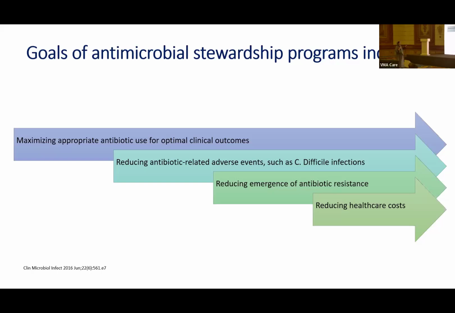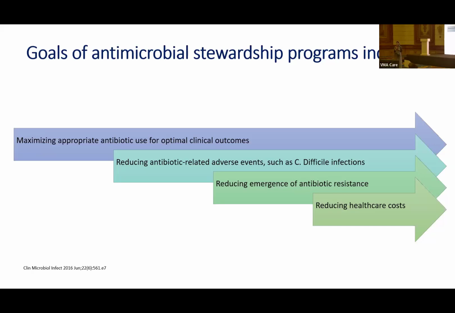So you would see it as something that is not as important as resistance or C. diff infection or clinical cure, but you would always see it there. The reason we always put it there, as Dr. Maher said, is that we want support, right? Support from administration. We want support in terms of staff that are dedicated for stewardship.